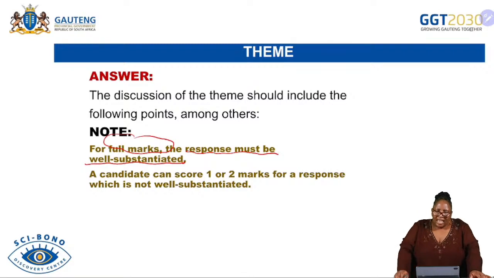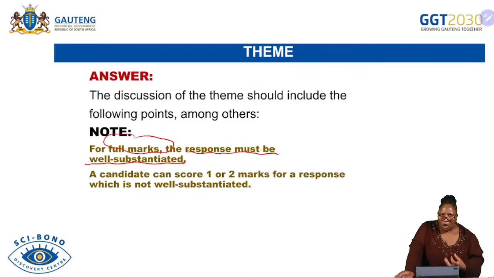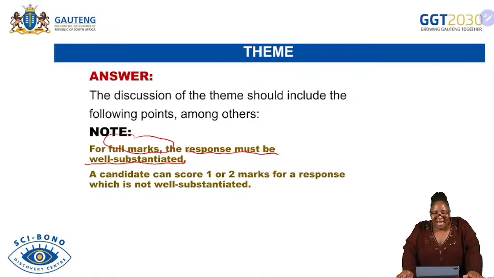But if you cannot substantiate, we can still give you a 1 or a 2. But our aim in 2022 is that you respond to themes very well, using the PEEL method and scoring full marks for your well-substantiated responses.